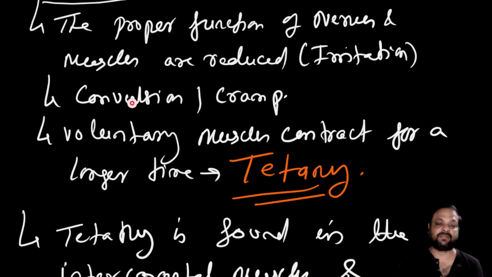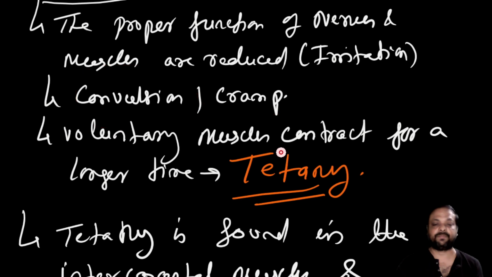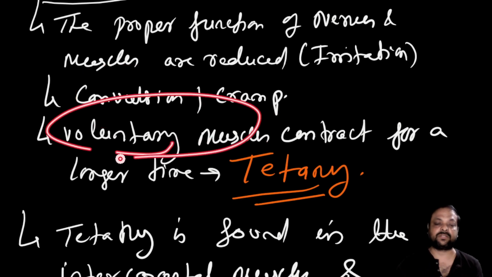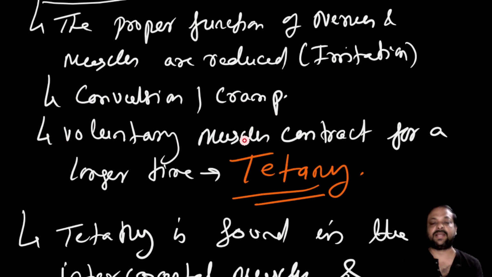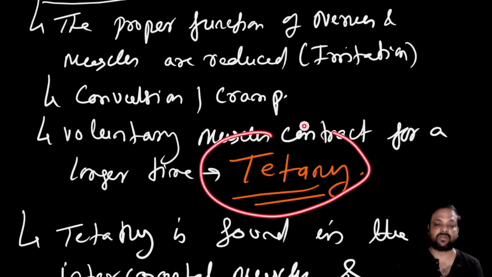These irritations are in the form of convulsion or cramp in the body. Sometimes the voluntary muscles or the skeletal muscles are unable to relax. They get contracted for a longer period. So this nature is called tetany.